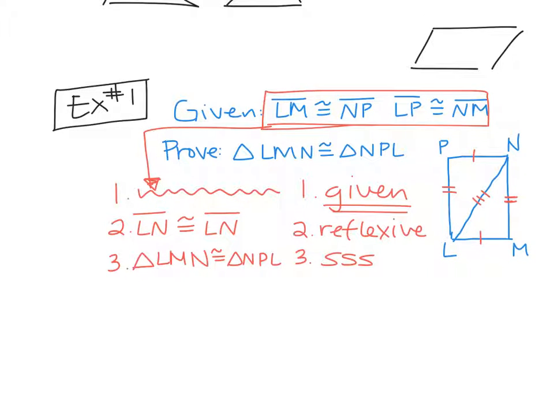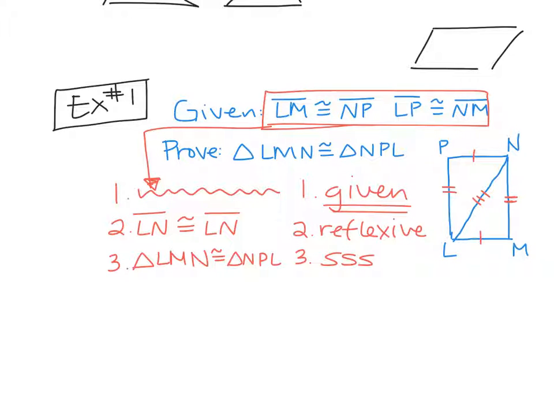Could you also say the definition of congruent triangles? No, because the definition of congruent triangles is all 3 sides and all 3 angles congruent. And we didn't prove all 3 angles congruent. Okay, here's my next pointer for you.